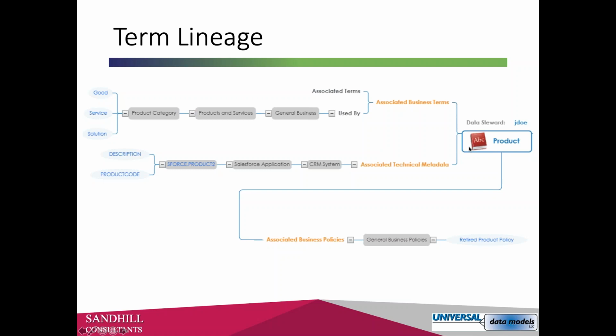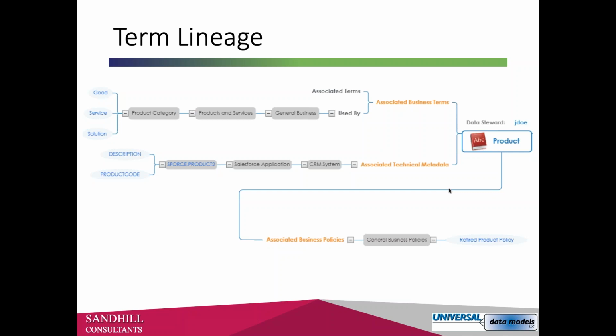And all of these, of course, have to be tied back to rules and policies around data usage. So let's say a product can be retired, what are the rules around a retired product? Can we sell it? Can we not sell it?